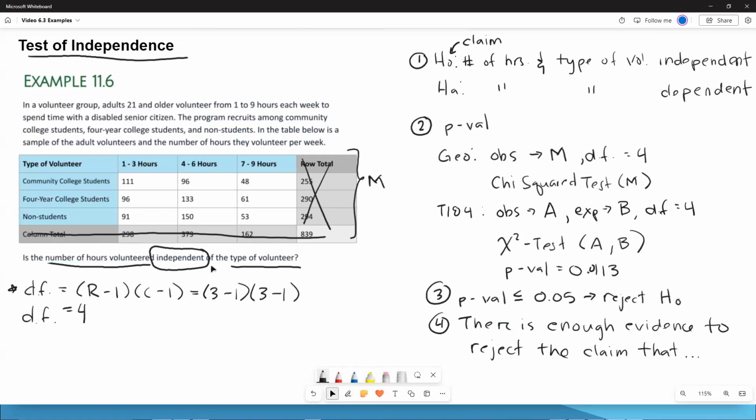And that's wording we can pull right from that very last slide. So at least for this group, those two variables are dependent. There is a relationship between the number of hours volunteered and what type of student they are.